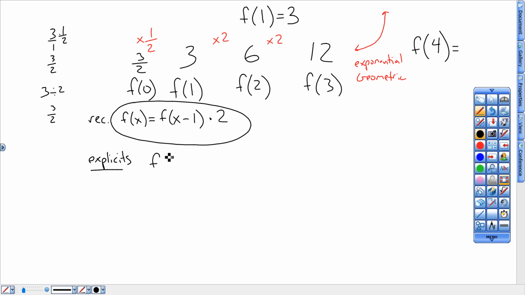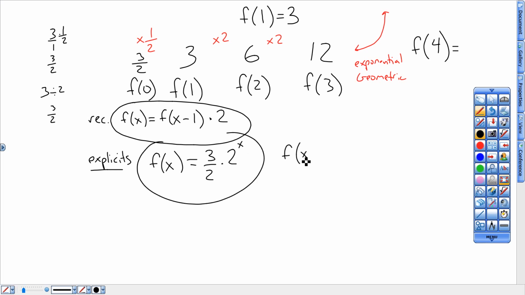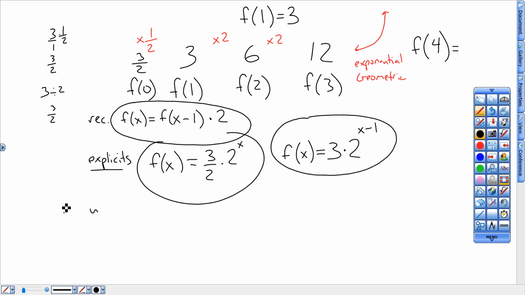You could get any answer by timesing the zero term times that r number raised to the x power. Or, of course, you could use the first term instead, which is a nice, neat whole number 3 times that same 2, but you got to write that to the x minus 1 power if you choose to do that. Here are both of them in use.